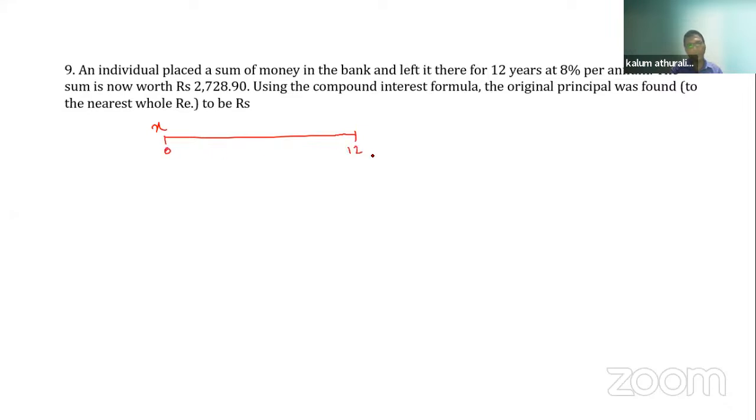From 0 to 12 years. Then after 12 years, the total amount should be 2,728.90. If you invest the initial amount, after 12 years you can take this value. The rate of interest is 8%. What is the value of x? Right. Then the formula is S equals x times (1 plus r) to the power n.